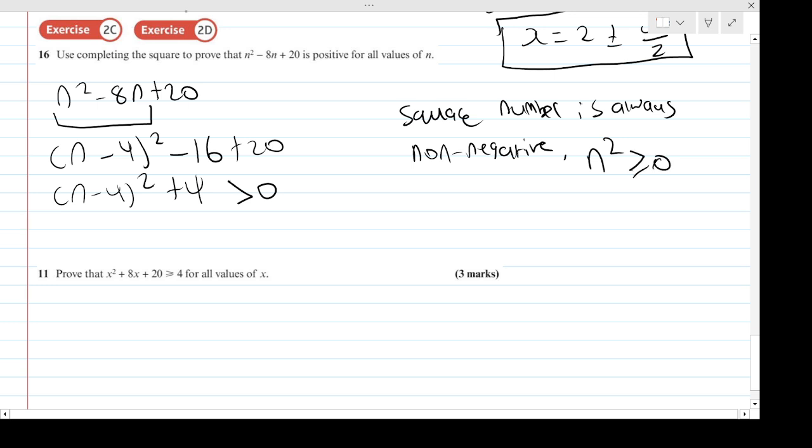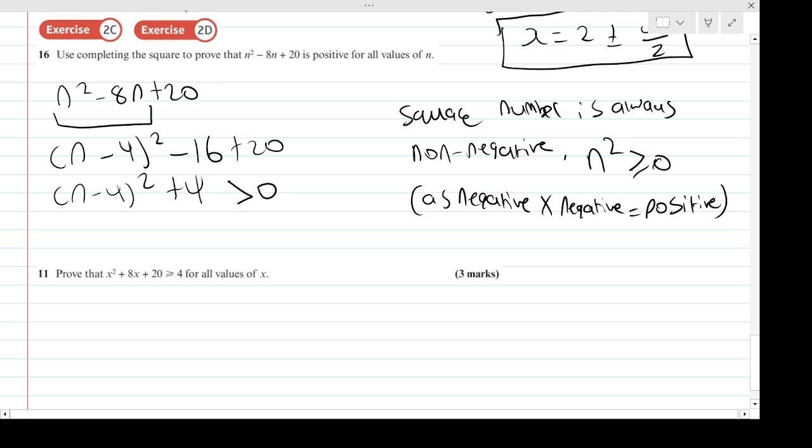Because think about it, 0 squared would be 0. But if we had 1 squared, that would be 1. Well, that's positive, right? But also minus 1 squared will also be positive 1, because you're squaring the number, meaning you're timesing the number by itself. So a negative times a negative is a positive, right? And that's essentially the reason behind this, okay?